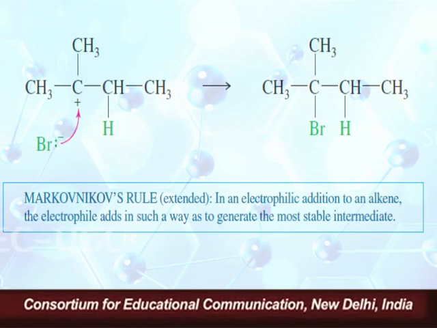Now, in the second step, the bromide ion will form a bond with the carbon which has a positive charge on it.